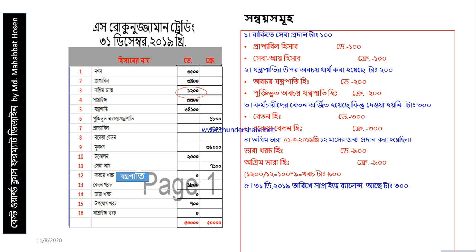Last, number 5. On 31st December 2009, supplies balance was raised at 300 taka. So what will be the amount? What will be the adjusting entry? Okay, look. At the first moment, the supplies was 3,300. Now the balance is raised 300.